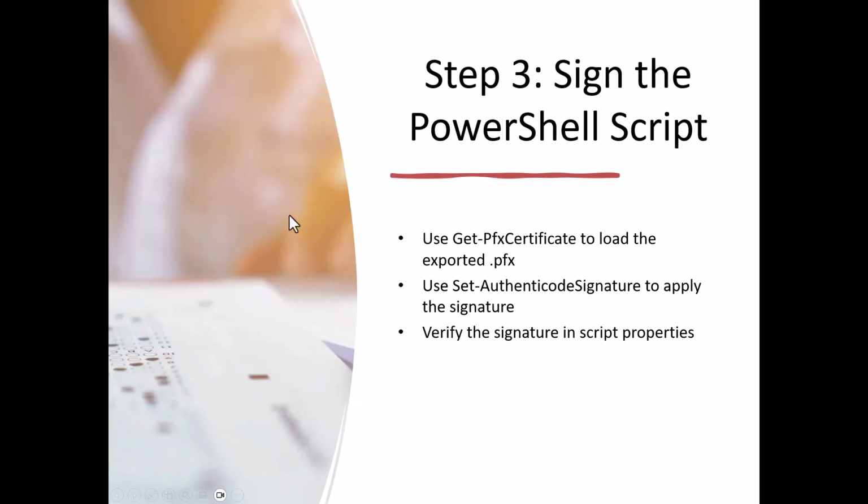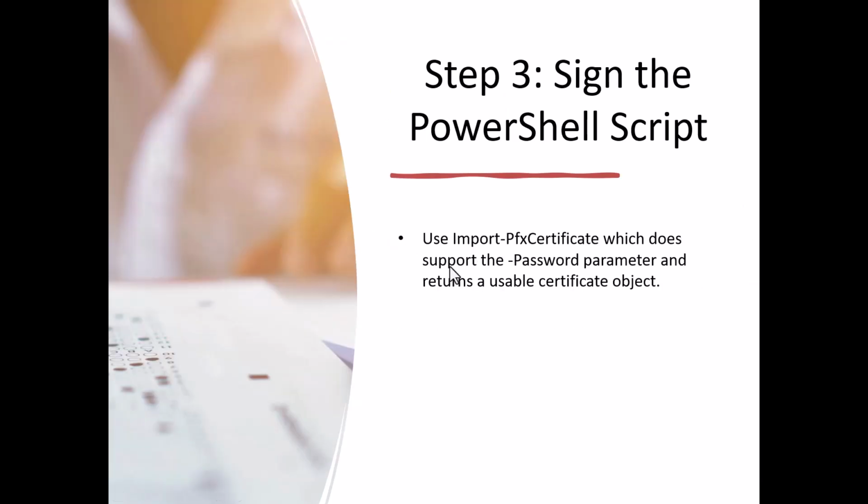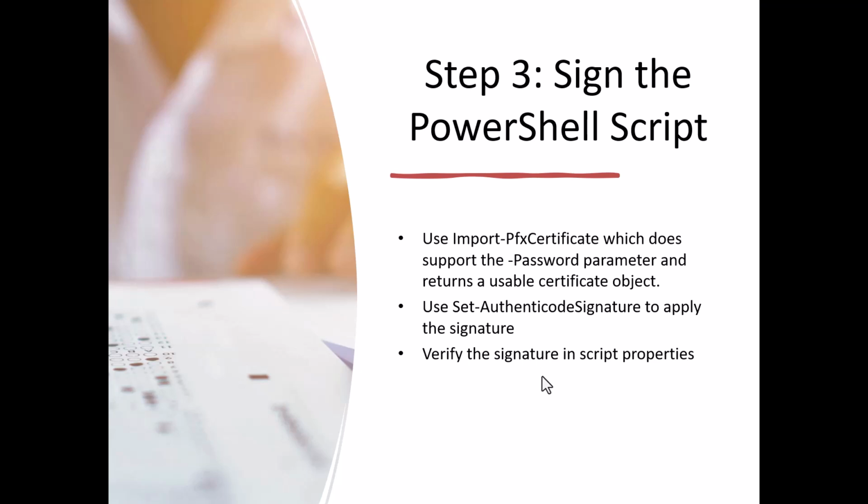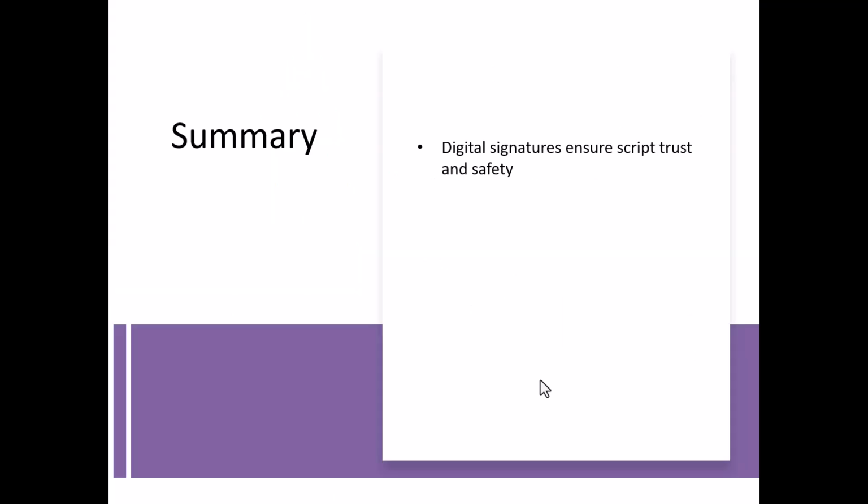Now this part I found that I had to change this to use Import-PfxCertificate, which does support the password parameter, because earlier I was getting an error, and returns a usable certificate object. And then this part was the same, Set-AuthenticodeSignature to apply the signature and verify the signature in the script properties, which I have already done in the digitally signed Collab PMS script. And let's see what is the summary.